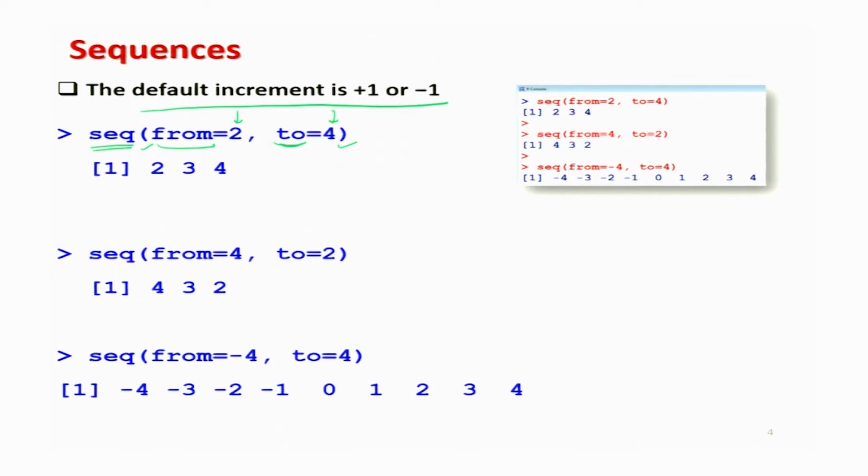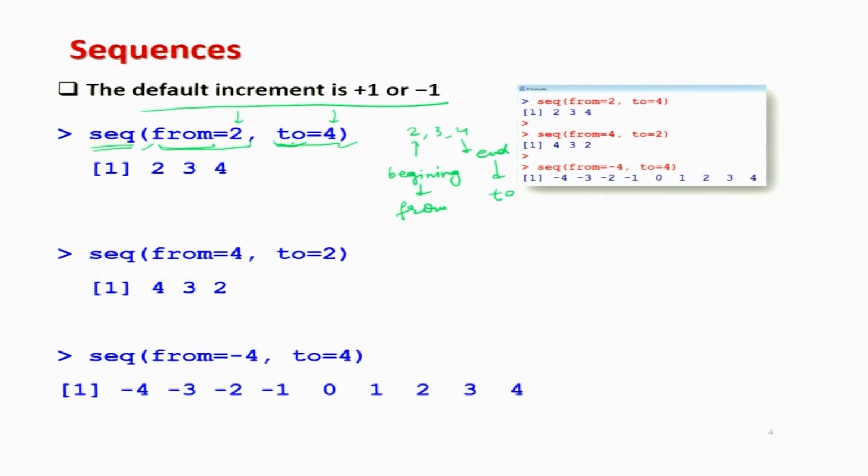So, for example, I want a sequence like 2, 3 and 4. You can see this is my beginning point and this is my end point. The beginning point is indicated by the option from, and the end point is indicated by the option to. So, I can write from equal to 2 comma to equal to 4.